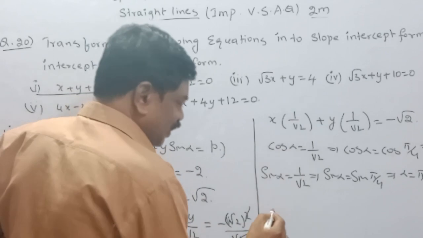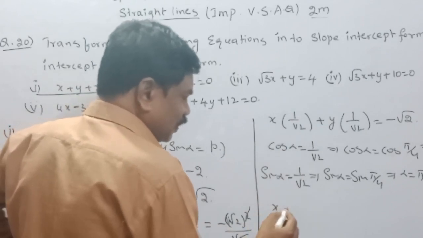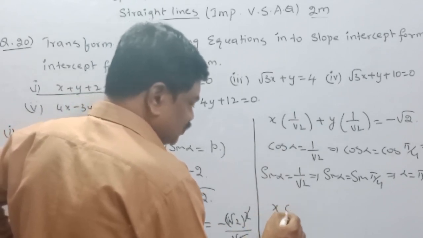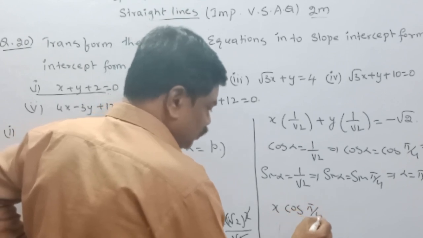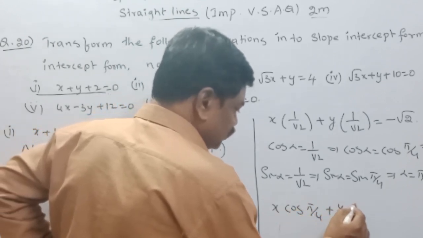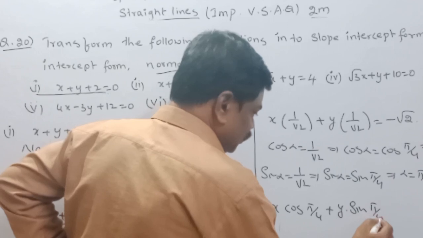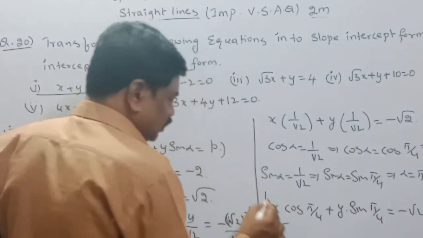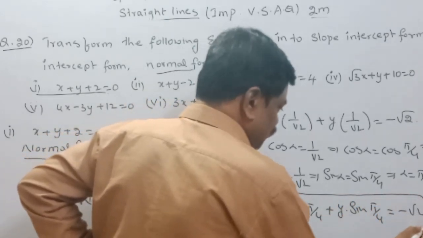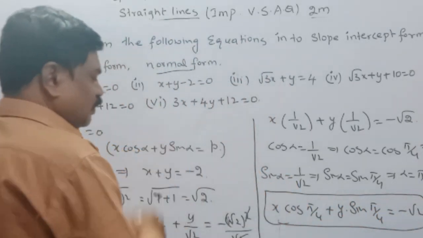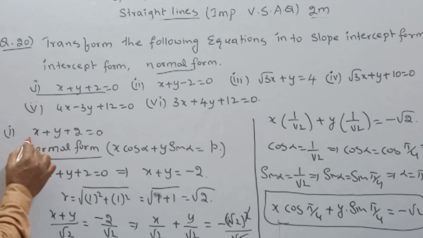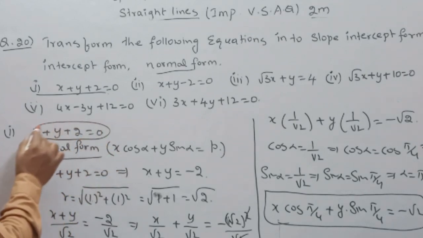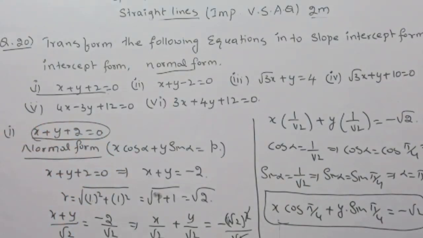Then this can be written as x into cos pi by 4 plus y into sin pi by 4 is equal to minus root 2, which is the normal form of the given equation x plus y plus 2 equal to 0.